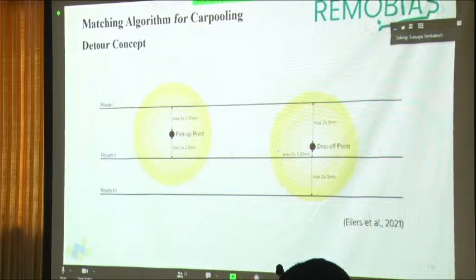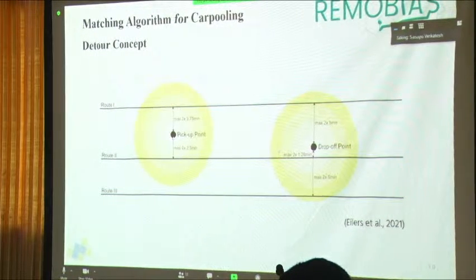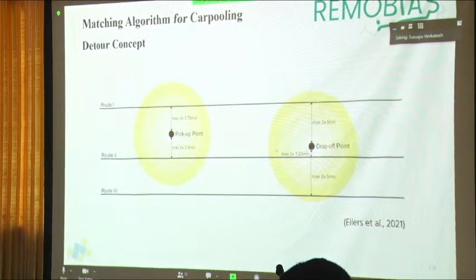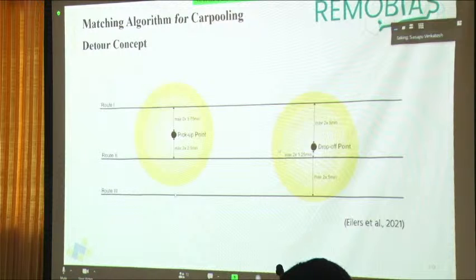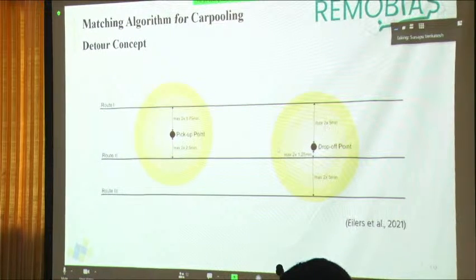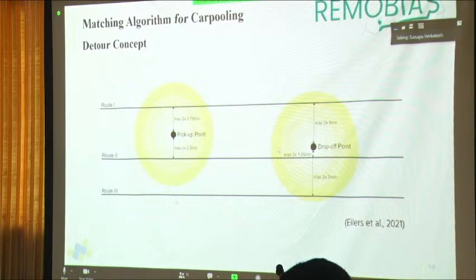Otherwise, the passenger will not get the route. If the pickup or drop-off point is more than 5 minutes or 10 minutes away, then he will not get any route.